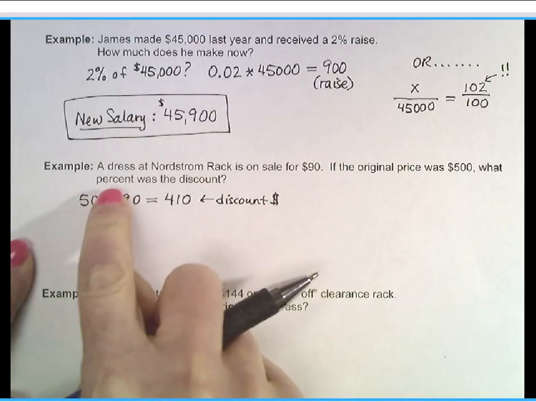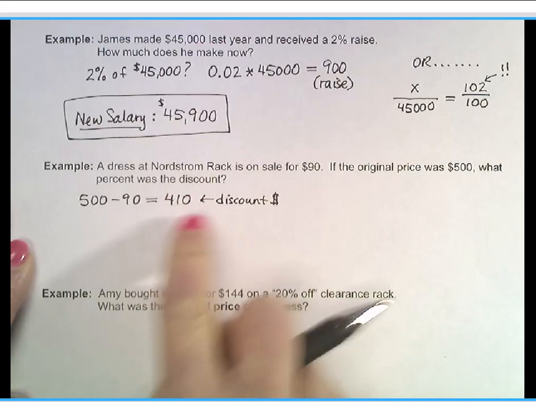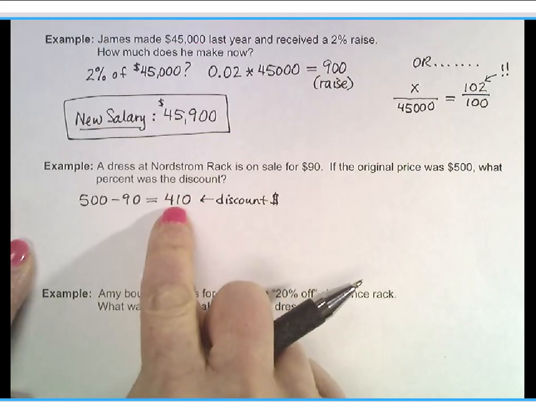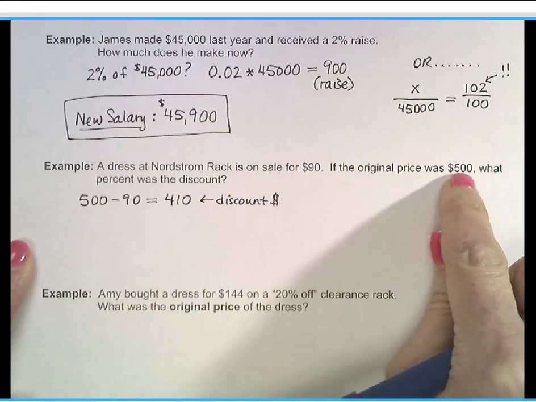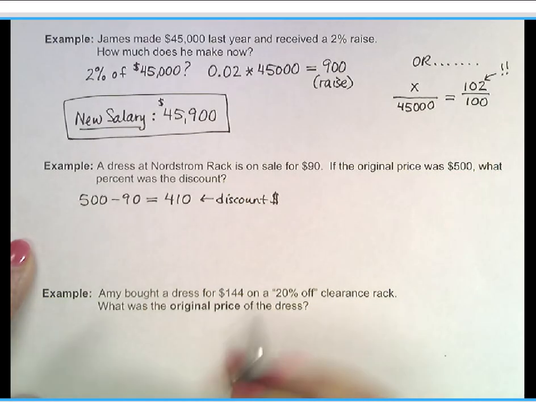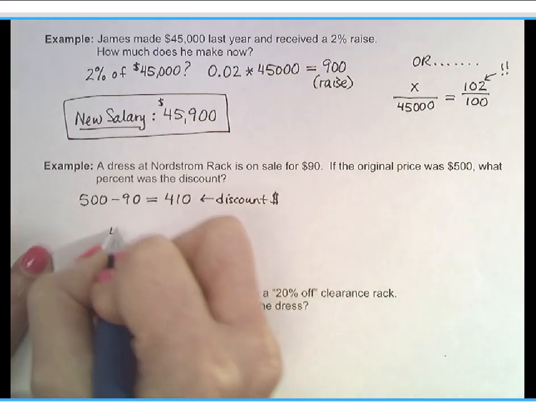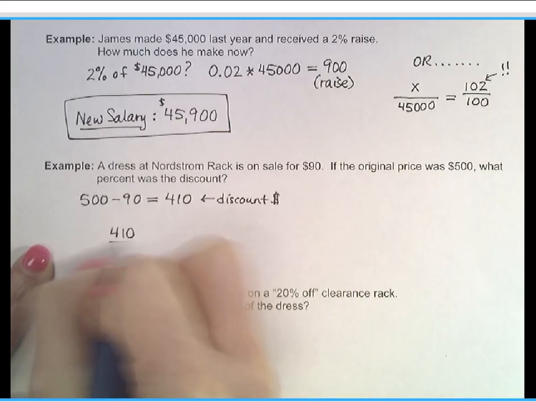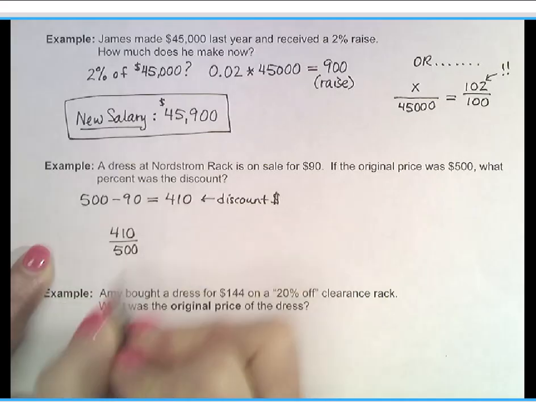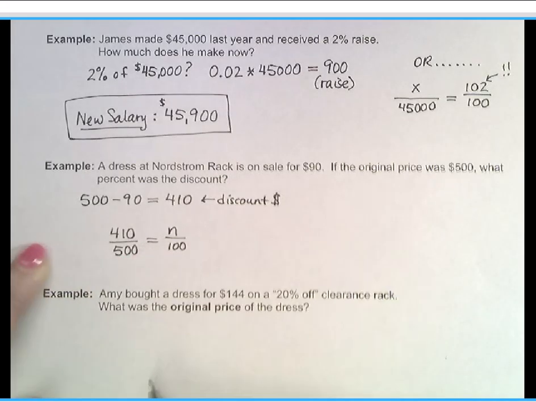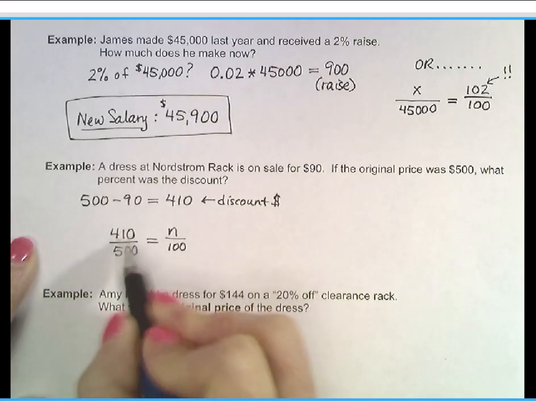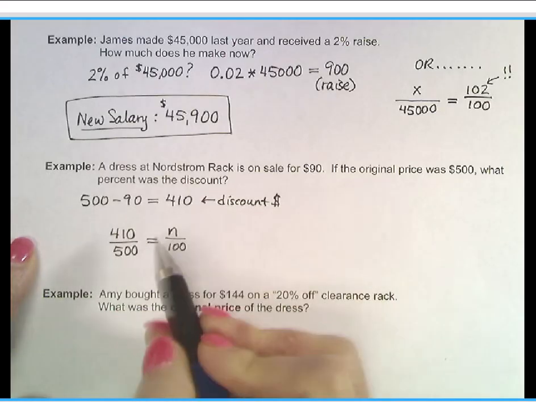But this says what percent was the discount. Okay, so 410 is how much you did not have to pay out of the original $500. So let's figure out, if we take how much is 410 out of $500, I wonder what it is as a percent. 410, that was the amount that the dress was reduced.